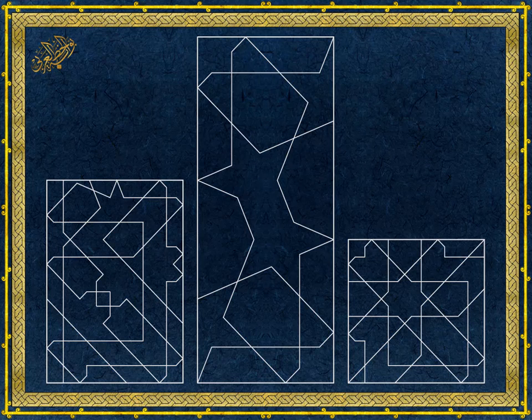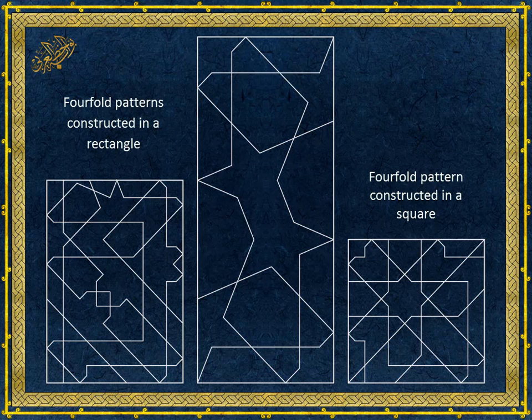In fact, the perimeter of the pattern has an important role in controlling the proportional relationship and the structure of the pattern. The fourfold pattern can only be constructed either in a square or in a certain rectangle.